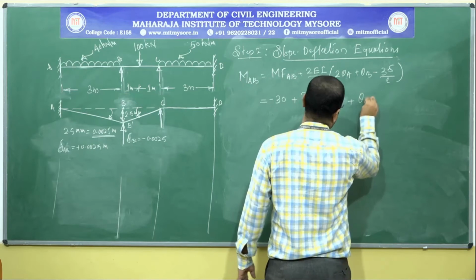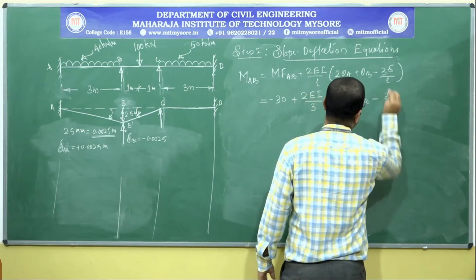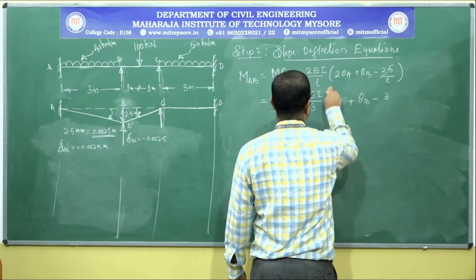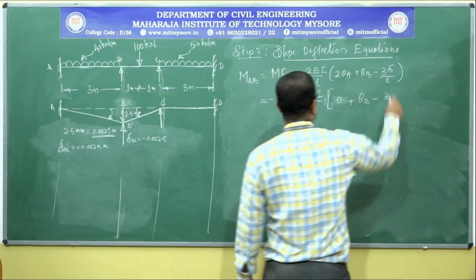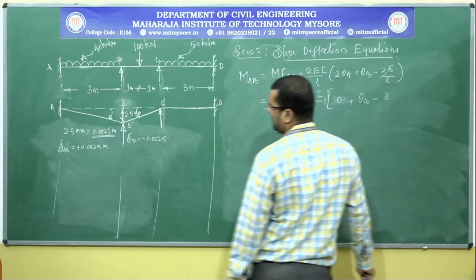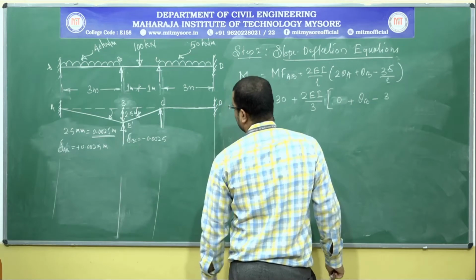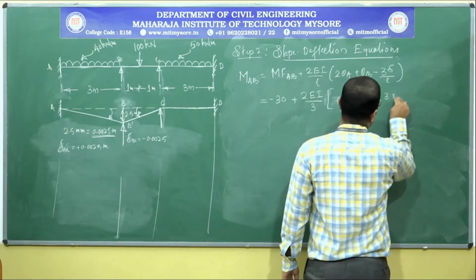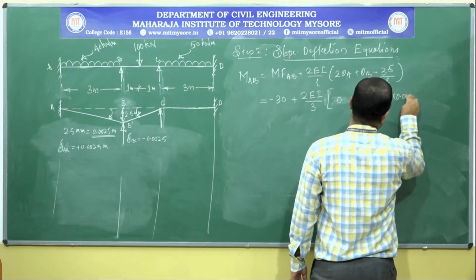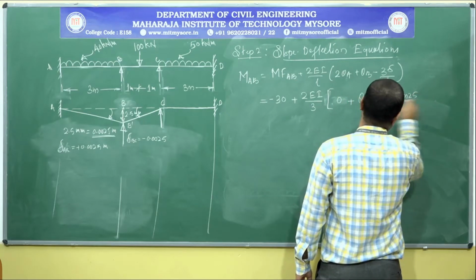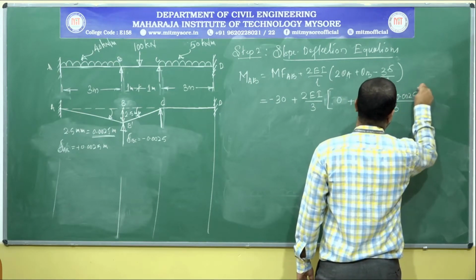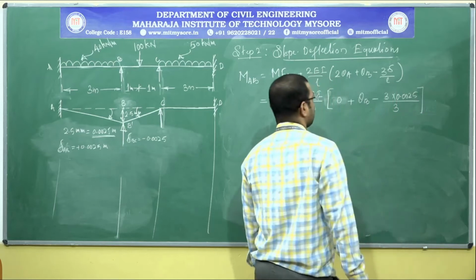Theta B we need to work out, minus 3, here the delta value for AB span is 0.0025, 0.0025 divided by span L, right.